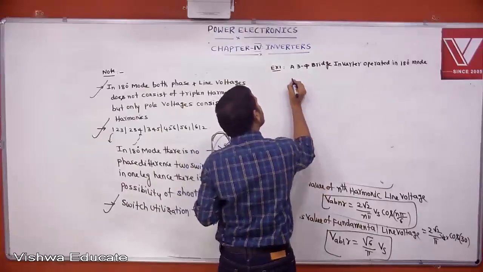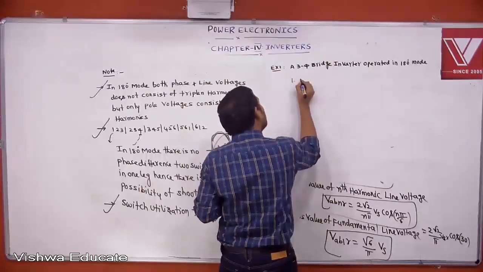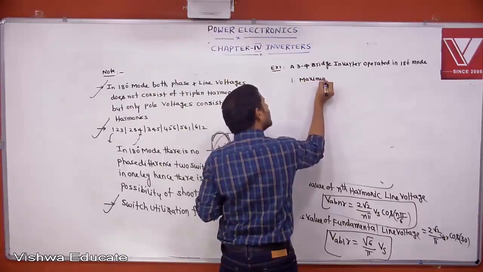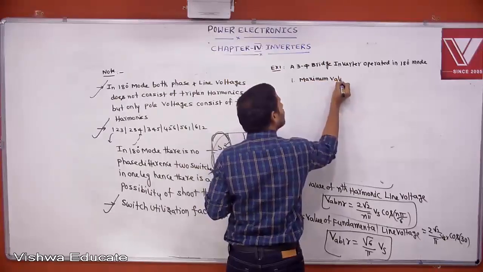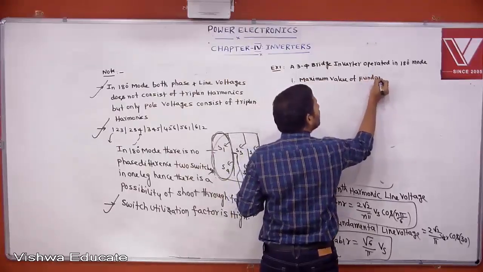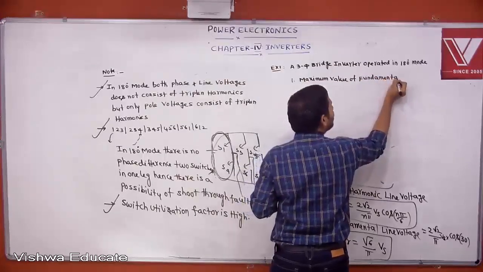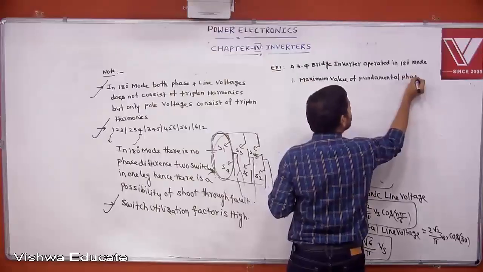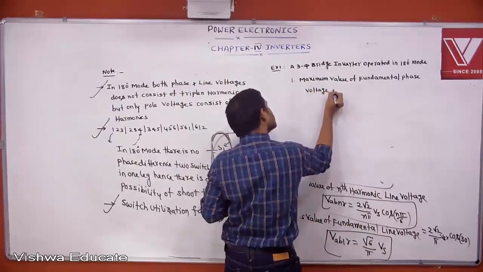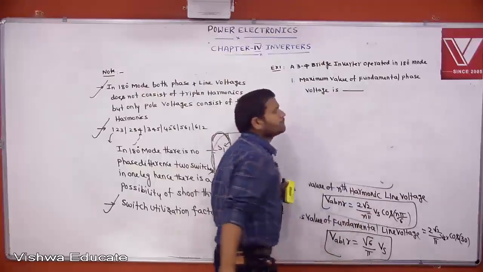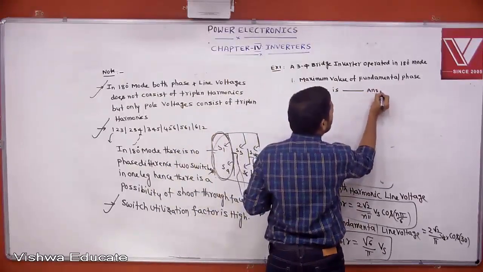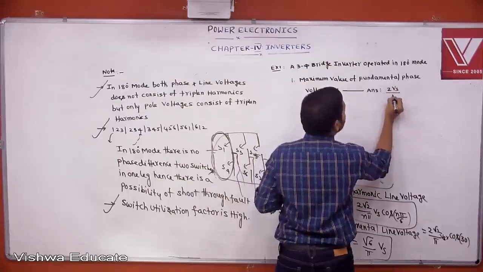Okay, first one: maximum value of fundamental phase voltage. If the question is asked like this, fundamental phase voltage is dash. But the answer to this one you know, already derived: 2 Vs by pi.